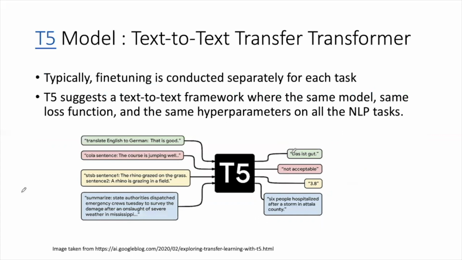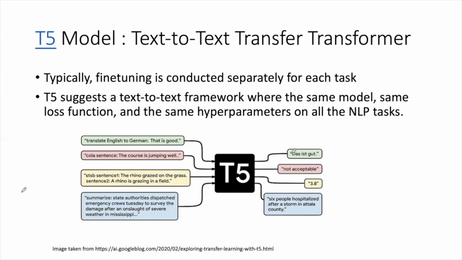Now coming to our last section, it's about the T5 model. T5 is a pre-training approach that pre-trains both the encoder and the decoder. Let's consider how exactly this is done. In general, whenever we fine-tune these pre-trained models, we fine-tune on one task at a time.